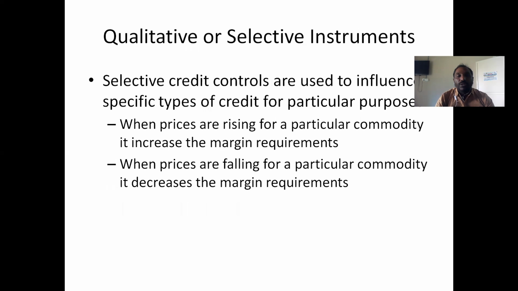Now we shall move on to qualitative or selective instruments. Selective credit controls are used to influence specific types of credit for a particular purpose. When the price of a particular commodity increases, it increases the margin requirements. When the prices are falling for a particular commodity, it decreases the margin requirements.